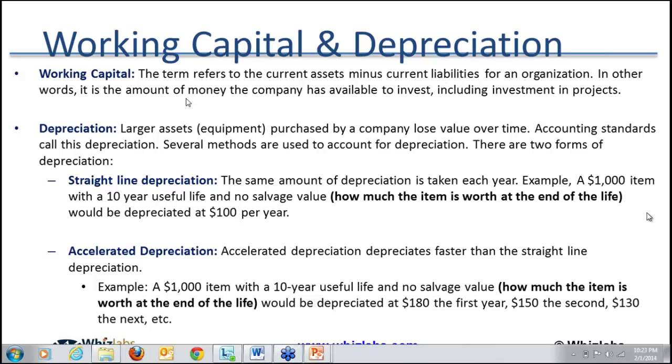In other words, the amount of money the company has available to invest. Frankly speaking, working capital means that if you remove all the liabilities and see what your assets are, so assets minus liabilities, what is the actual money left after that?